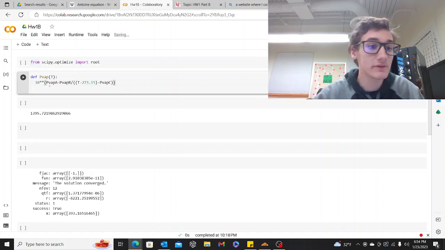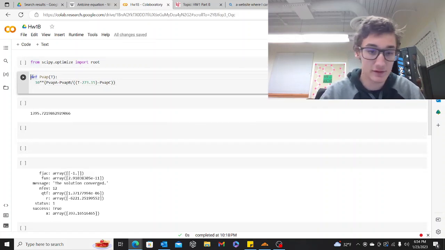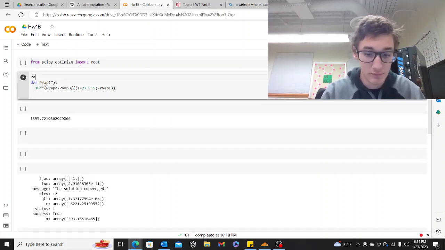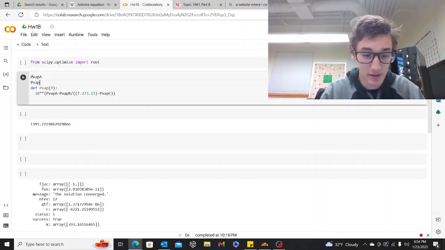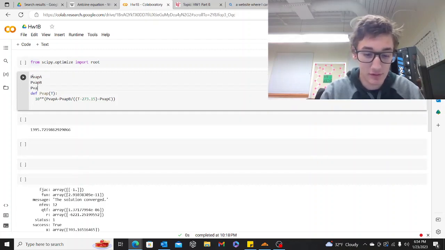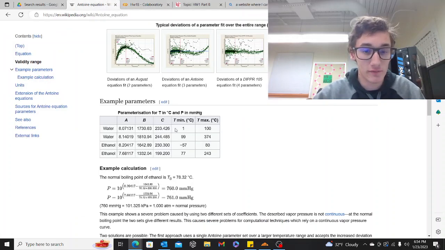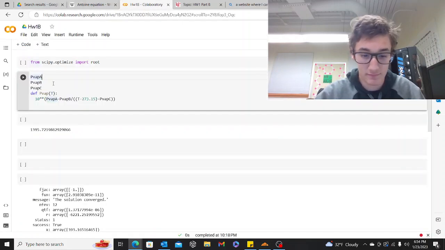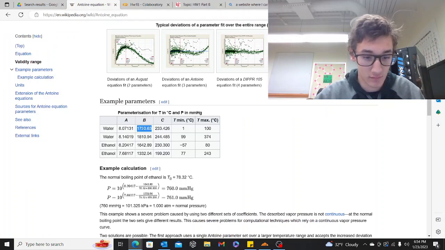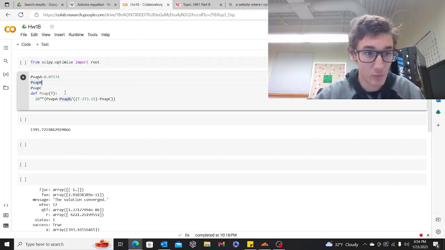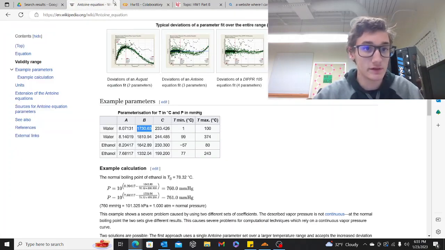Good. But we don't have any variables, so let's write those out real quick: PVAP A, PVAP B, PVAP C. Now let's bring over our variables. Something I want to make sure we are aware of is the temperature parameters.